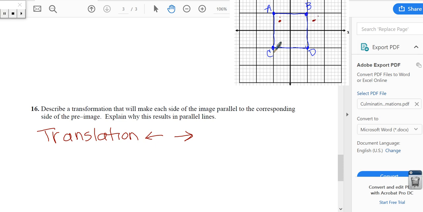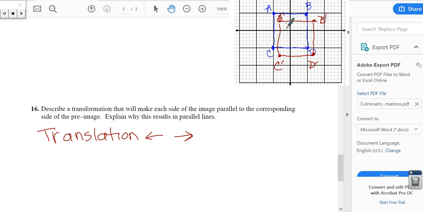For B prime, over, down. How far did I go down? I went 2 down. Over 2, down 2, over 2, down 2. All right, so this becomes C prime, D prime, A prime, and B prime. And if you notice, it said it wanted the corresponding sides parallel to each other. And if you look here, my corresponding sides are parallel. So all I have to do is do a translation.